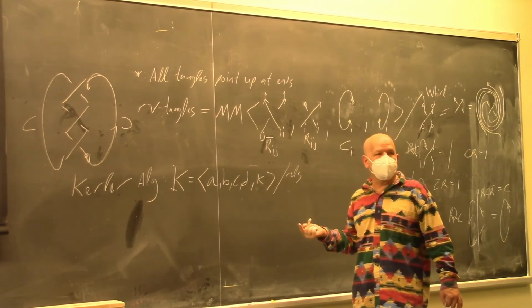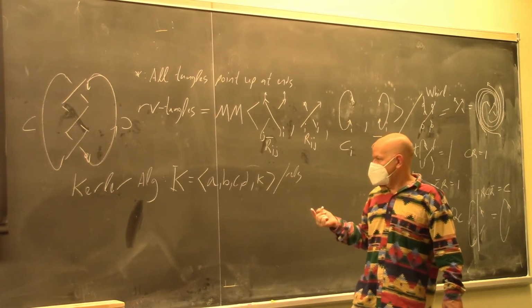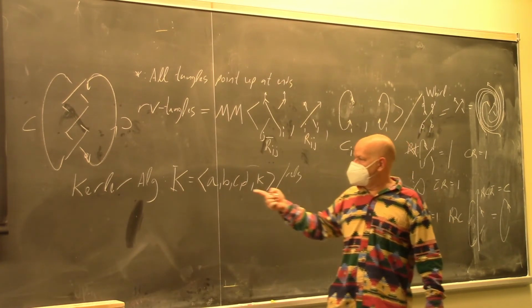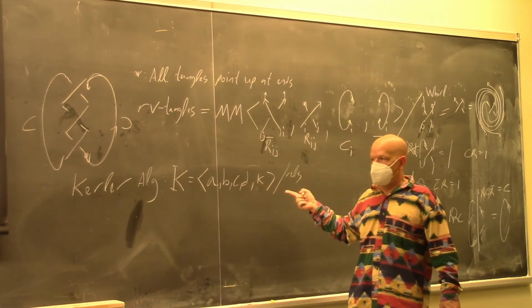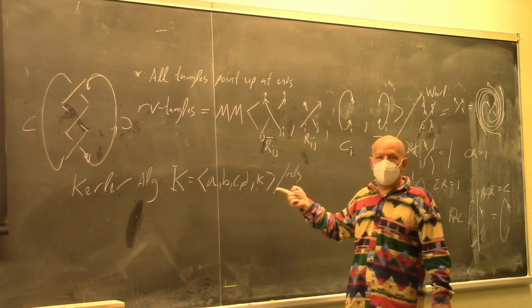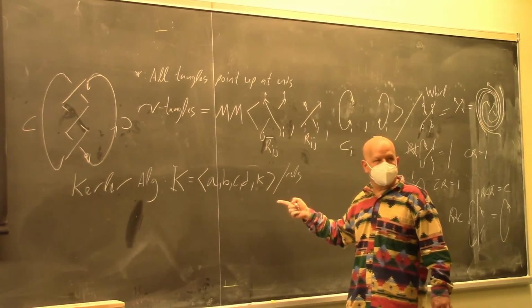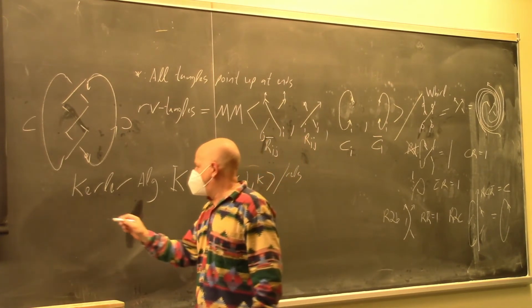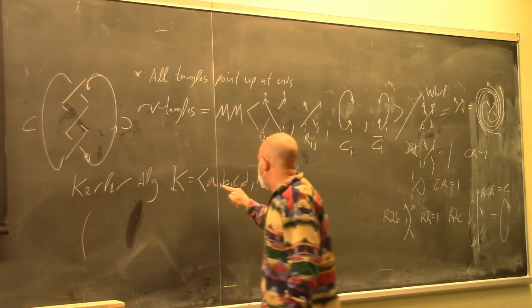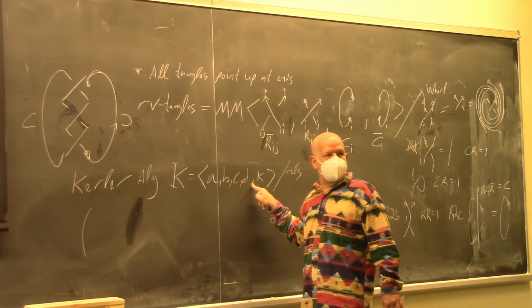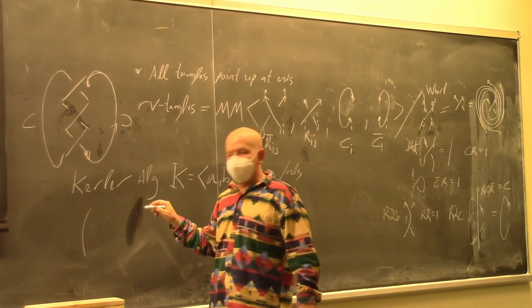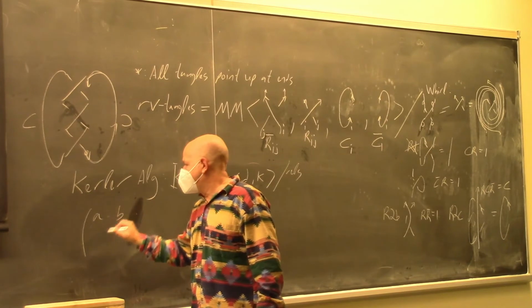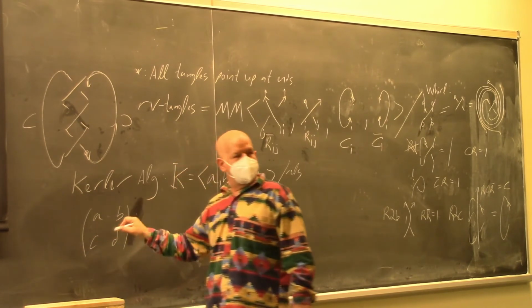I have to tell you what the relations are. Here are two ways to write them. Let's first talk about A, B, C, and D. They are organized like a 2x2 matrix.